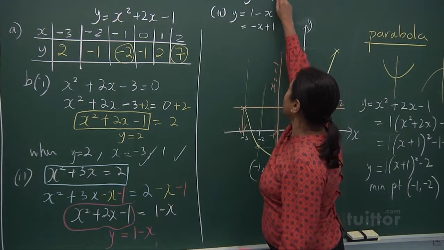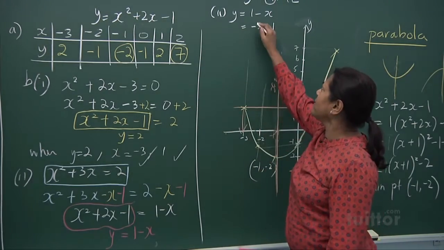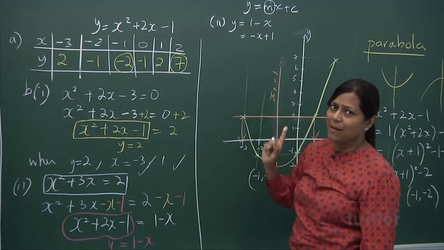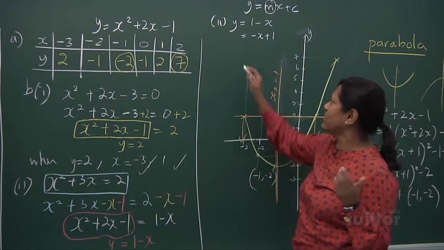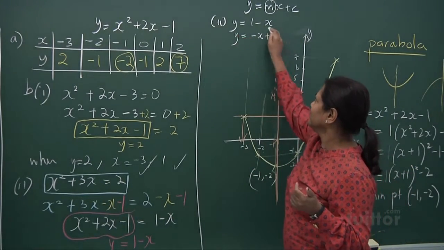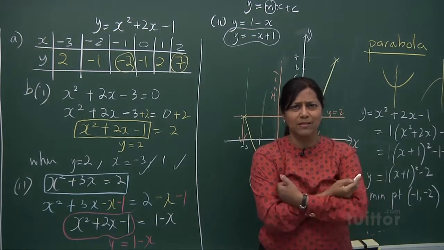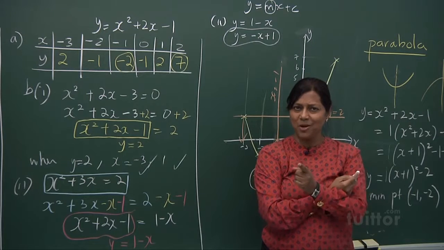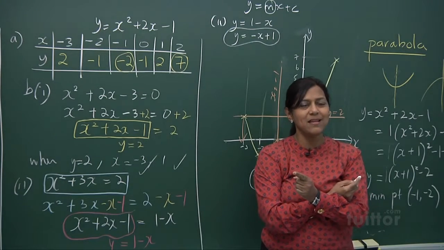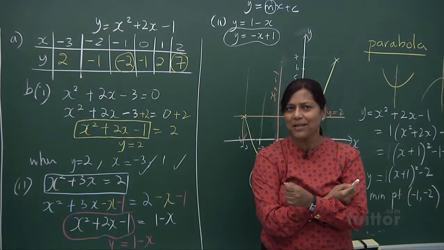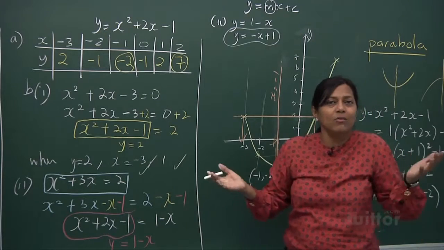Y equals mx plus c, where m is the gradient, and the gradient of this graph is minus 1. Now, is it going to be difficult drawing this graph? If you do, I will be really disappointed. Is it difficult? No, right? In a straight line, you know the gradient, you know the intercept. The y-intercept is 1. So, draw it.